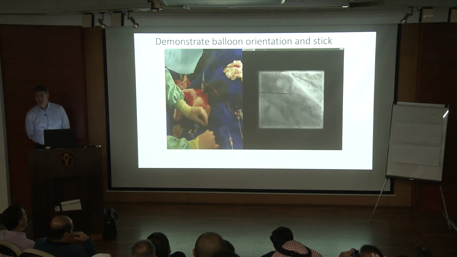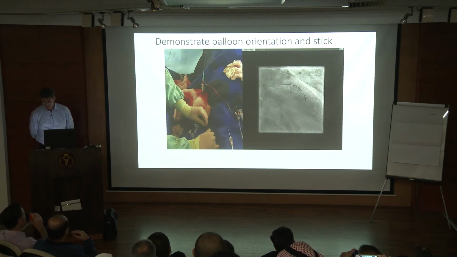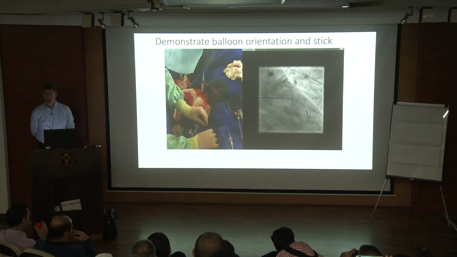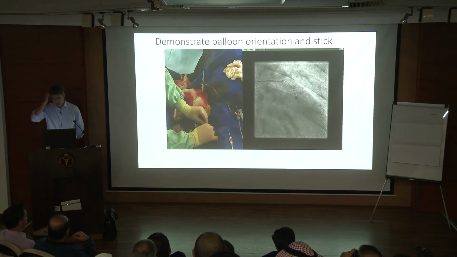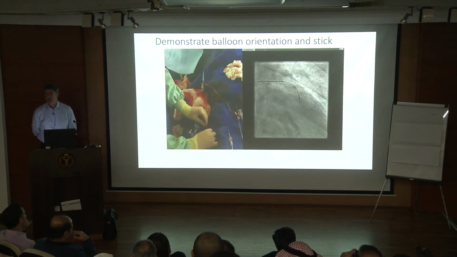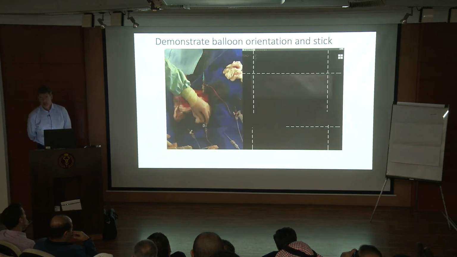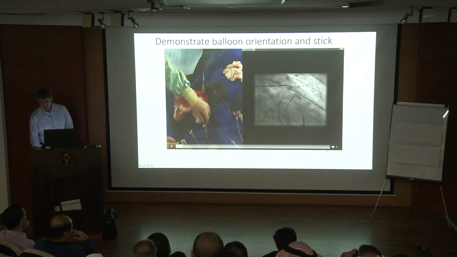Now when we started, not quite a decade ago, we were using the Stingray wire to go into the far distal vessel, but we found that a less effective way and have now routinely swapped to using a Pilot 200 or a more lubricious wire to make that puncture.